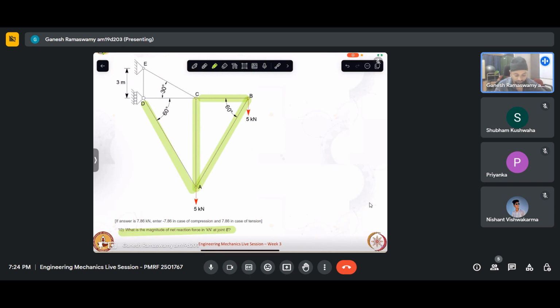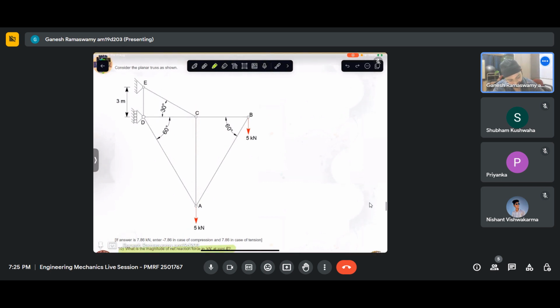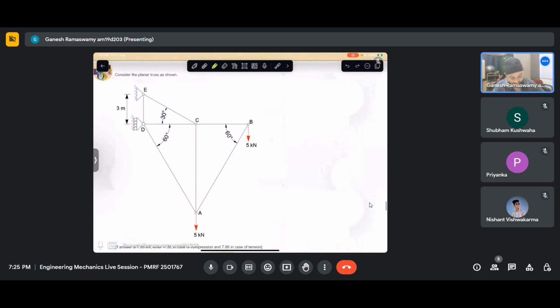So initially, let us go about solving this with method of joints and see what all can be done. At the first instance, it appears that there are no dimensions given in this question. But we know these two angles are 60 degrees and this is given to be 30 degrees.